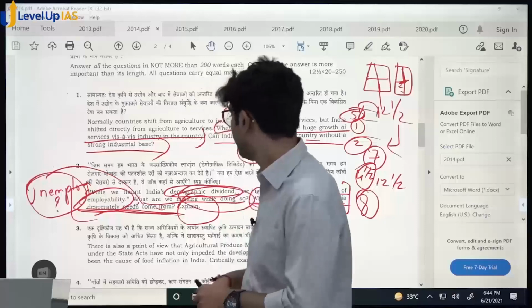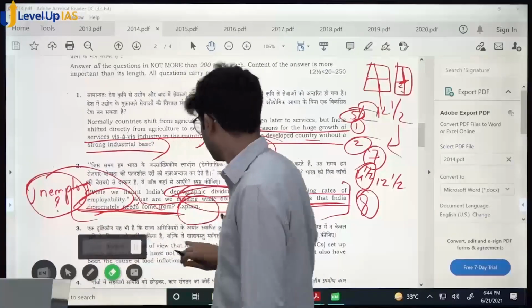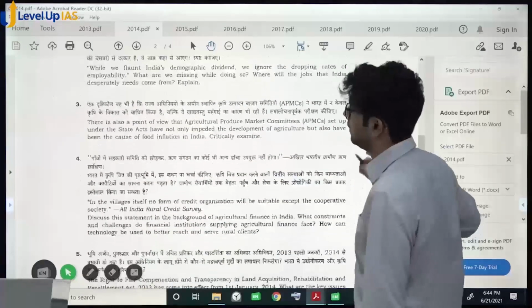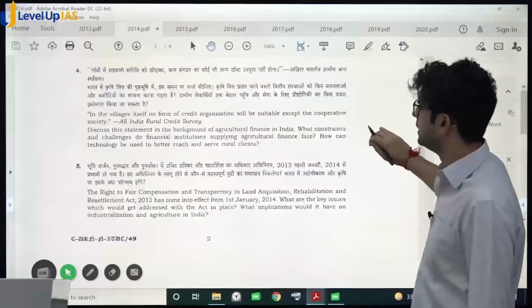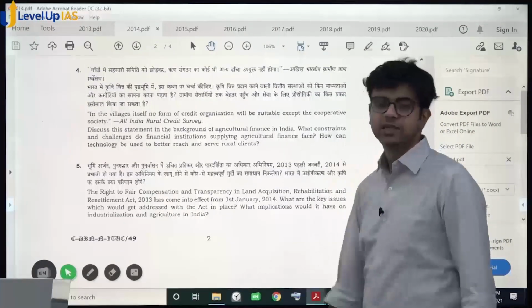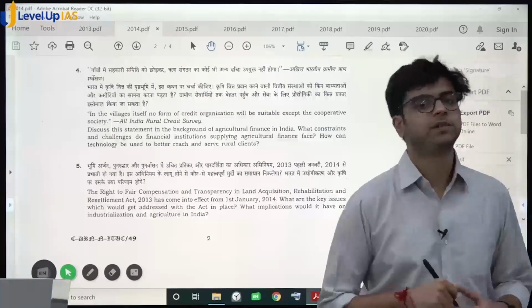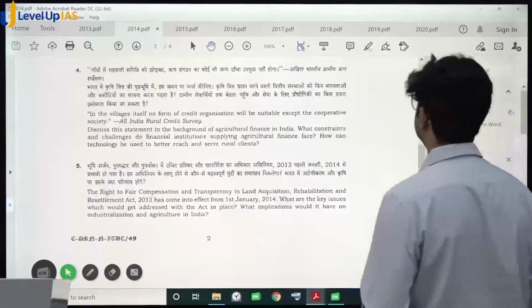Then we come to question number 4, not 3, question number 4. See the paragraph, a big question. Read this question, tell me which syllabus point, tell me which syllabus sub point. Please read this 2014 question number 4.